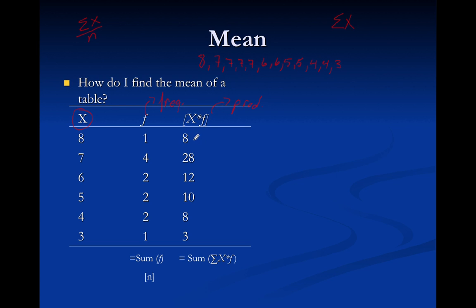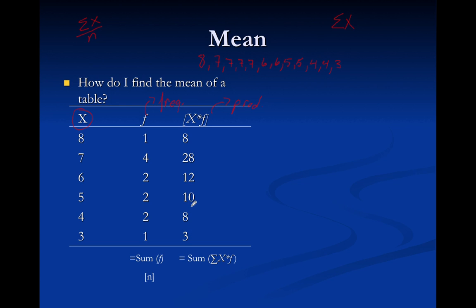So what we can now do is sum these scores up, and that would give us our sum of x. So in other words, we're going to sum up the product term of x times f in our particular case, so x times the frequency. So in other words, 8 plus 28 plus 12 plus 10 plus 8 plus 3.